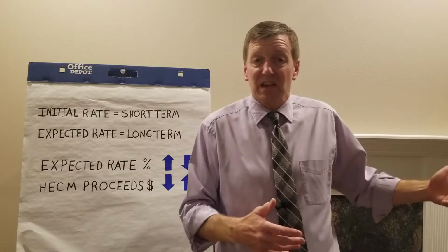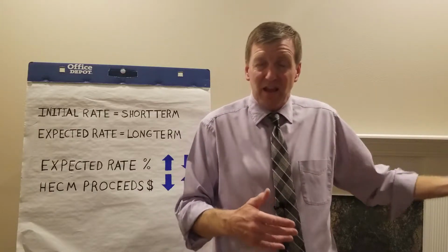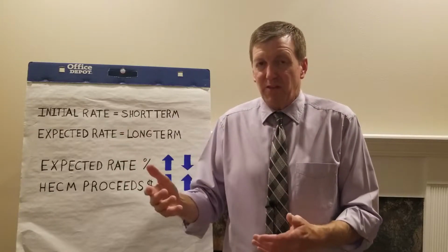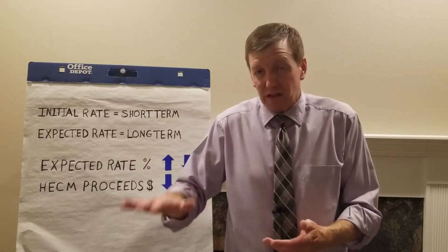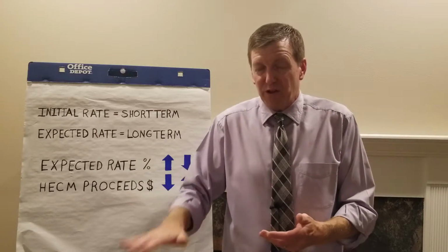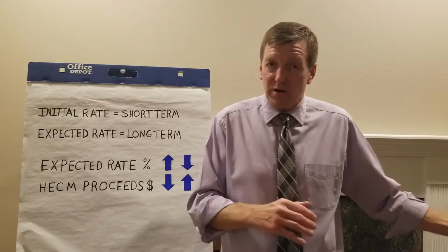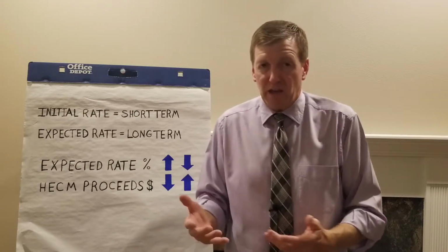And if we think it's going to accumulate at a higher rate, that means your loan balance will grow at a faster pace, meaning that you'll owe more money. So we're going to limit the risk by reducing the amount of money we can loan. Conversely, if the rates are expected to be lower down the road, we can offer more money up front.